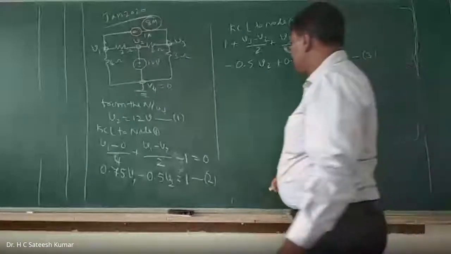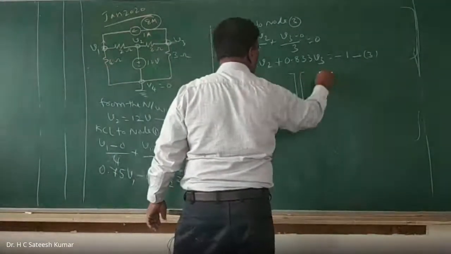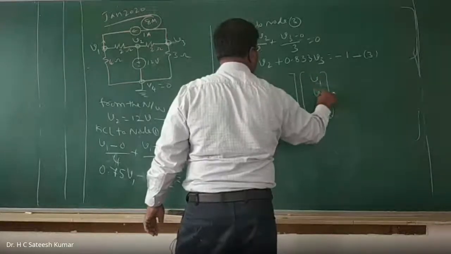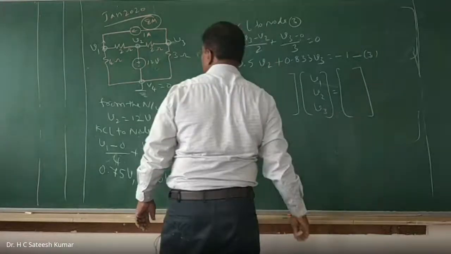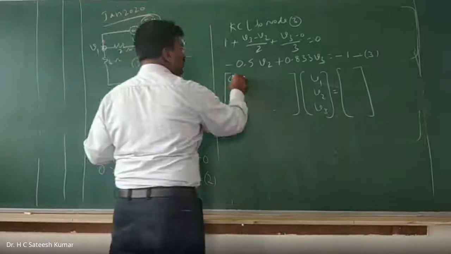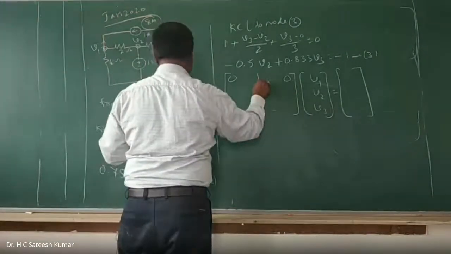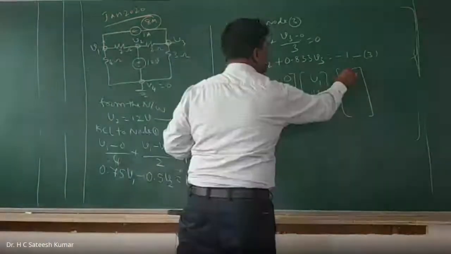Now you write down the matrix. V1, V2, V3 is equal to what? From equation 1, V1 coefficient 0, V2 coefficient 1, V3 coefficient 0, and the right hand side is the column.